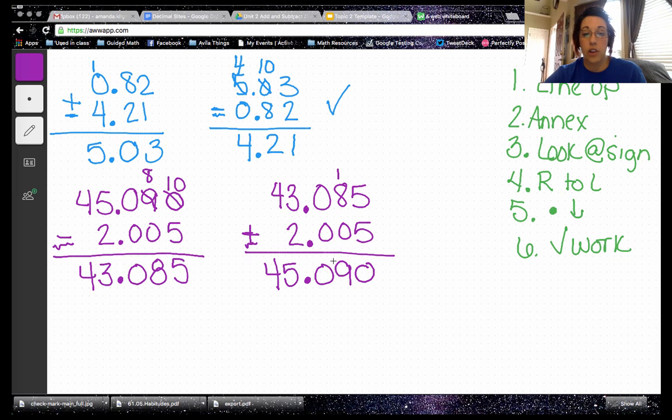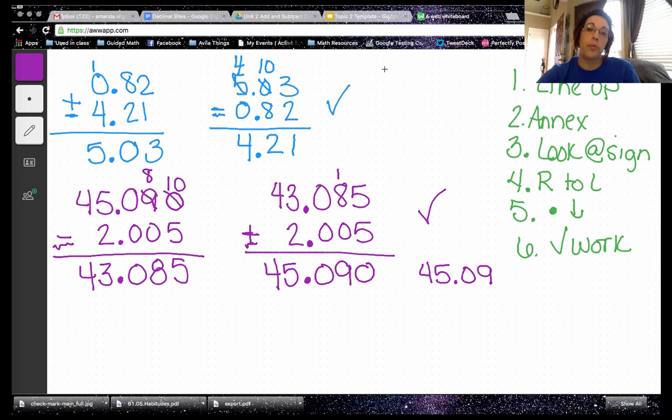Remember, we annexed our 0 here, so that is the same value as 45 and 9/100. Our work does check.